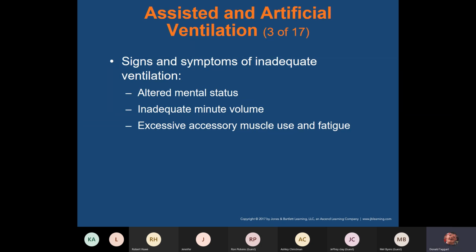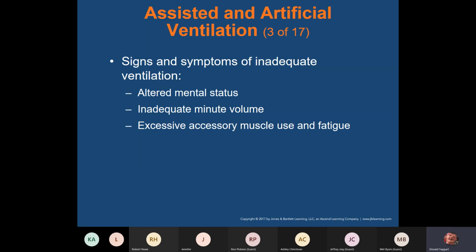Signs and symptoms of inadequate ventilation: altered mental status, inadequate minute volume. Minute volume is your respiratory rate times your tidal volume. So let's say they're only breathing in 200 mils, which is about half of what they should, but they're still breathing 20 times a minute.